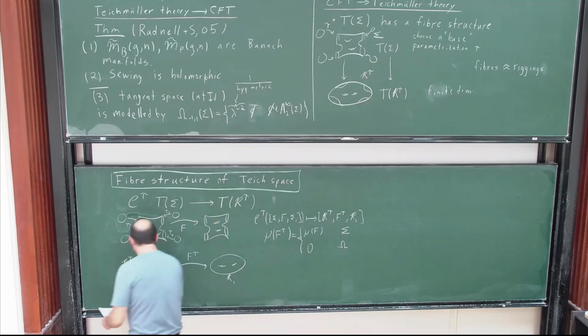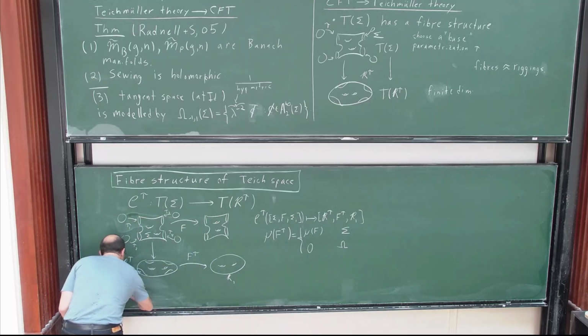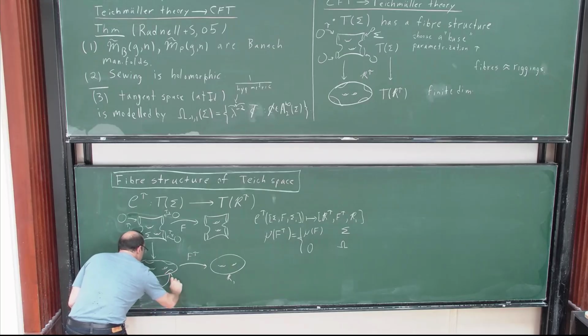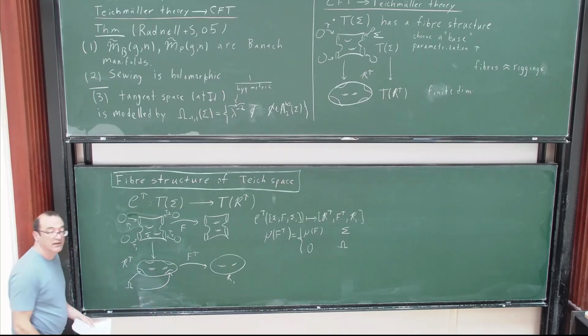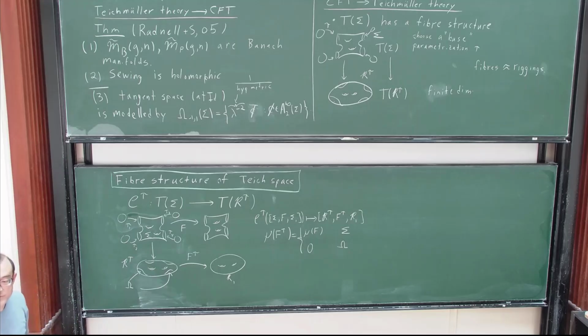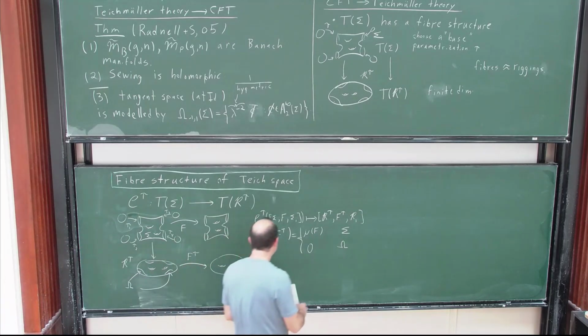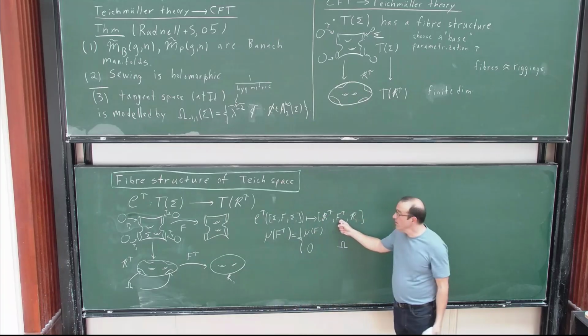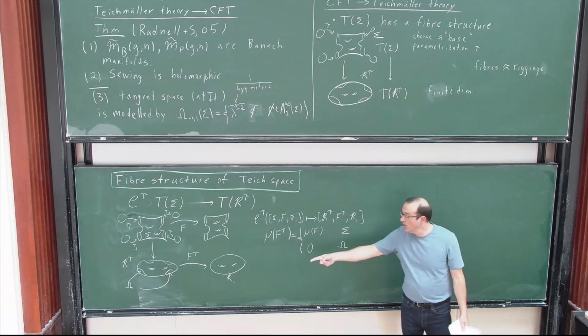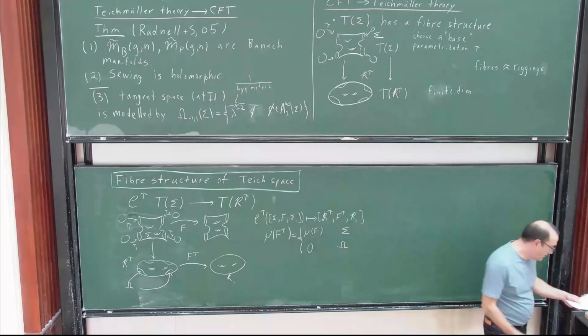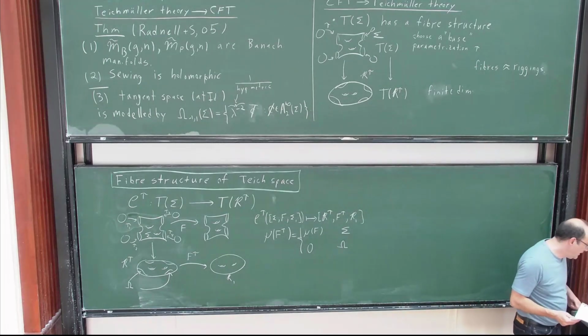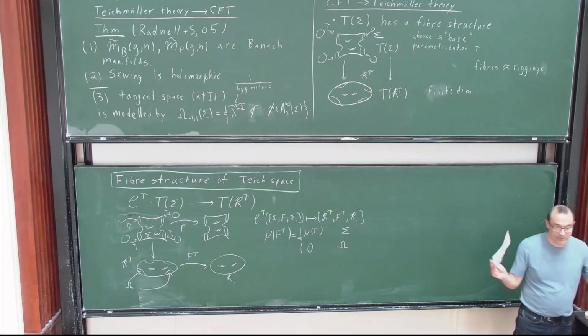And let me just say what I mean by the caps. I mean these things. Omega is the union of these things, the caps that you get. So that means, actually, it turns out that this F tau is conformal on the caps, but in the Teichmüller theory picture, we just forget about those.